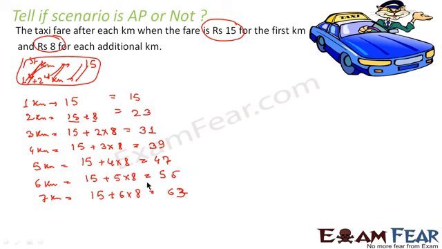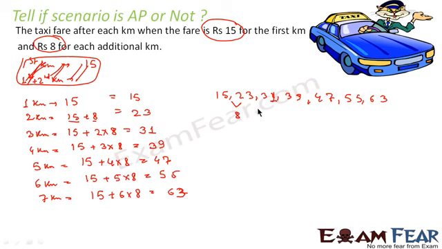Now if you write these terms in this fashion, 15, 23, 31, 39, 47, 55 and 63, let's find the common difference. The common difference here is 8. 31 minus 23 is also 8.